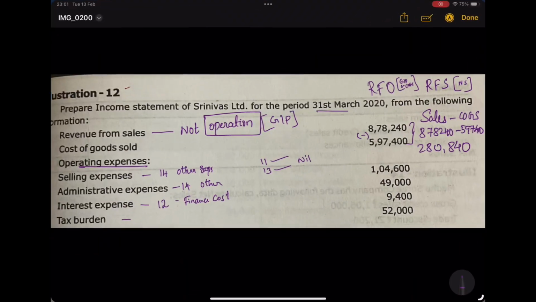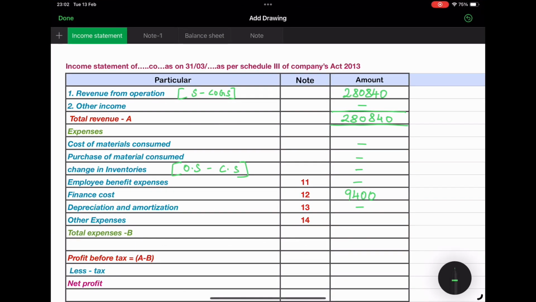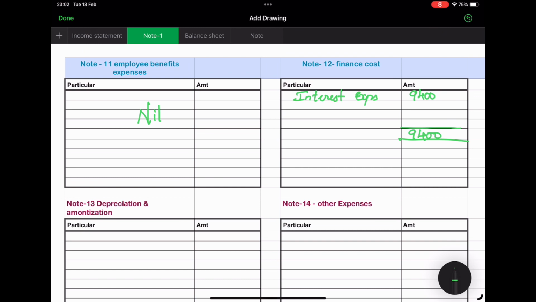Next, other expenses. Here we have 2 other expenses. One is selling, another one is administration expenses, isn't it? So we have to write both these values in the notes. Okay, so 1,04,600. I'll move on to the note. So here depreciation is also nil.